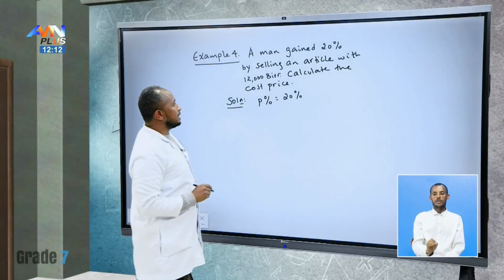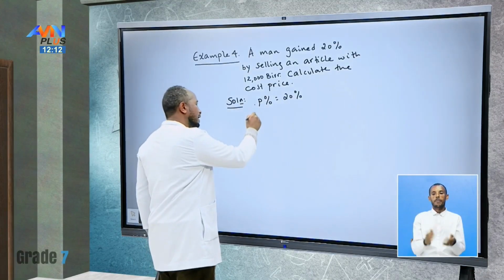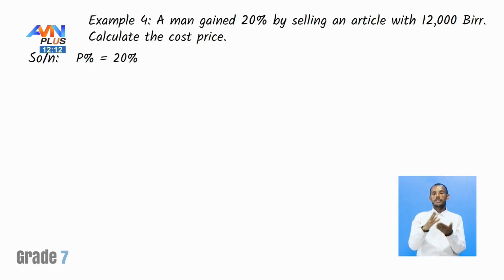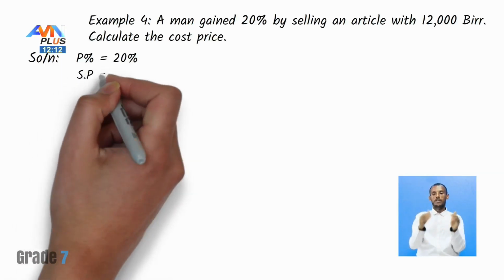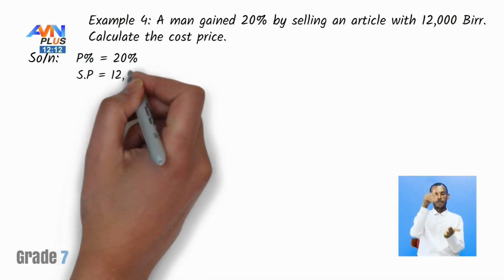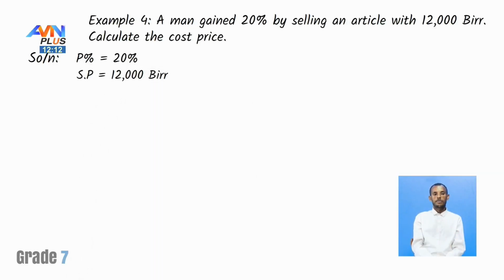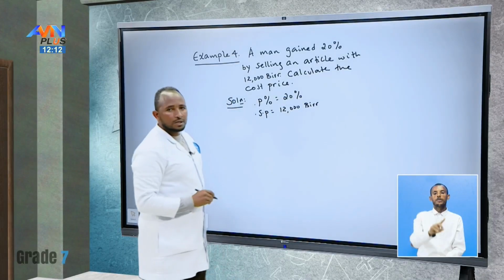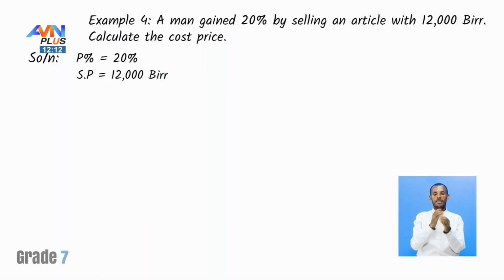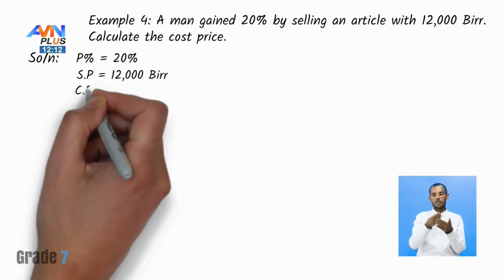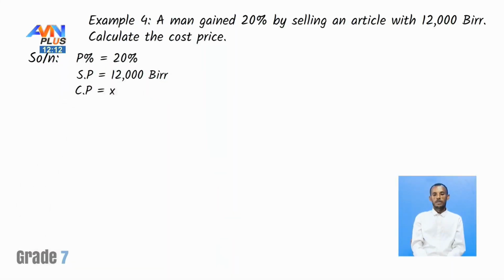By selling an article, again, the selling price is given. The selling price is this 12,000 birr. The question is, calculate the cost price. Here, the cost price is not known. Let's assume it to be X, and we'll try to find this.